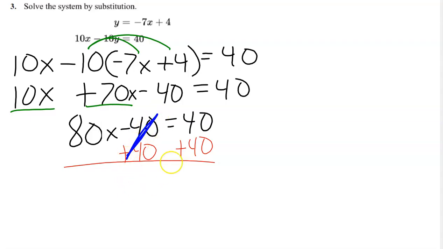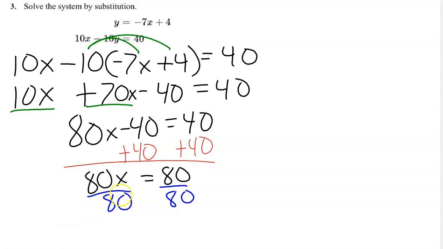Okay, and then same sign, find the sum. 40 plus 40 is 80. And I'm going to bring down this 80x. Now I'm going to go ahead and divide by 80 to separate it from the variable here. This will cancel out, giving me 1x, and 80 divided by 80 is 1.